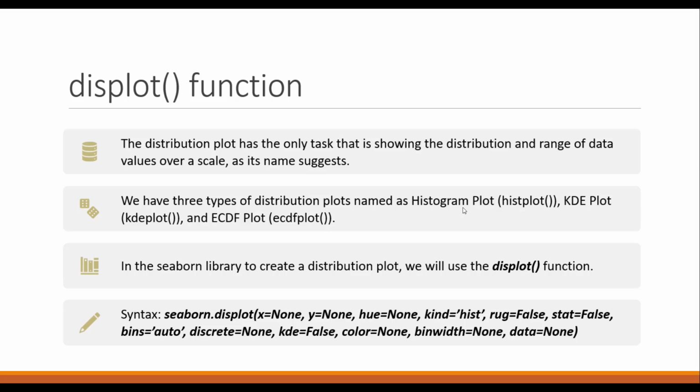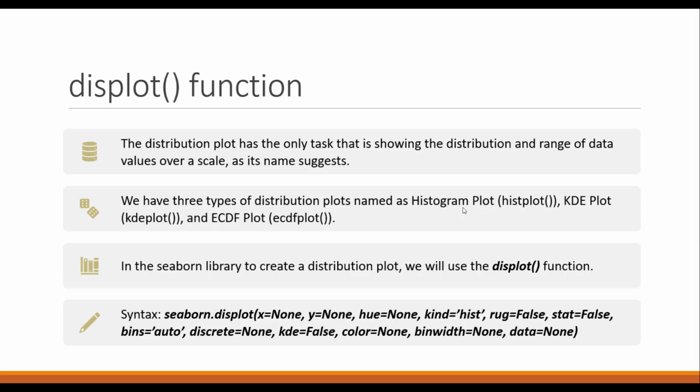But if you are using the newer version, greater than 0.11, you have to call the displot function. The difference between the two is that in the older version the function name is distplot, and in the newer version the name is displot. The t is not in the newer function.